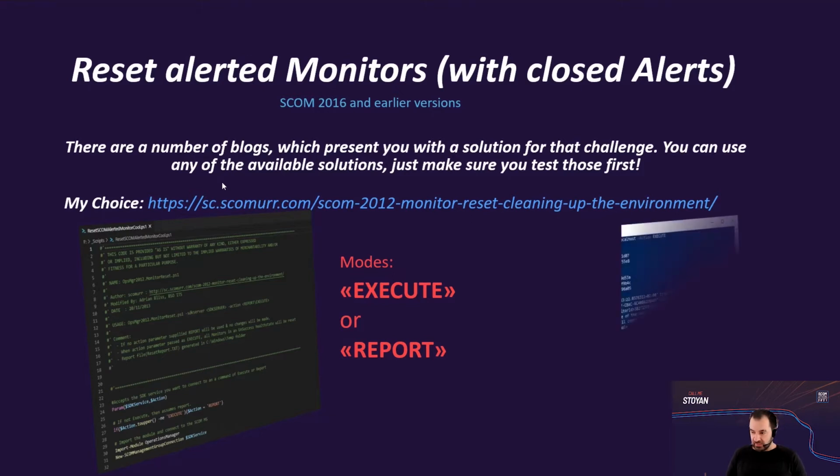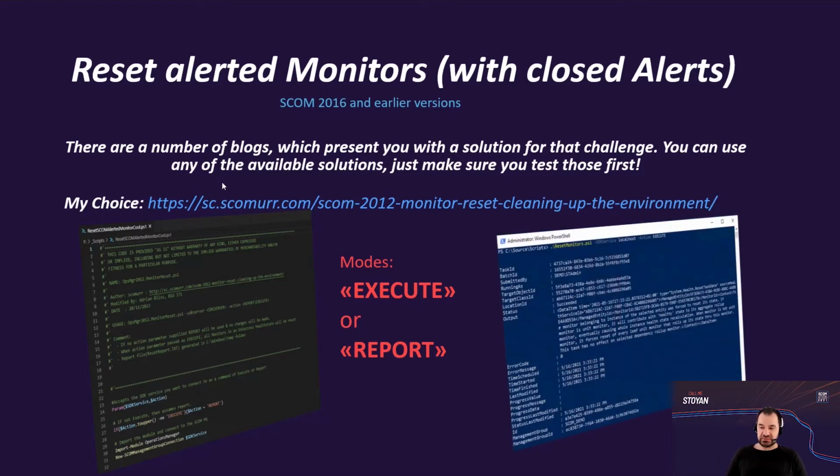You can either execute this reset or report and check which monitors will be reset if you execute this. This way you can get an idea how frequent this happens, which monitors need to be reset, and track the whole thing down.